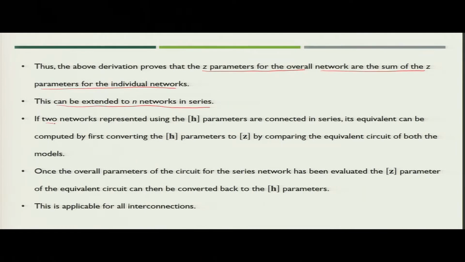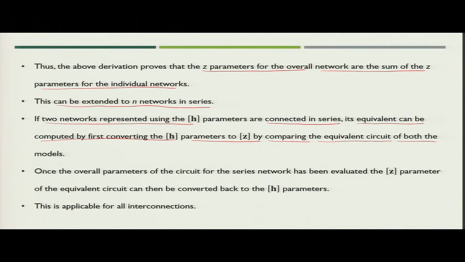Now, if the two port networks are represented using any other parameter, say h parameter, since we know that the networks are connected in series, the best thing is to first convert the h parameters into corresponding z parameters of individual networks, and then use the summation of the z parameters to get the overall z parameters of the network.